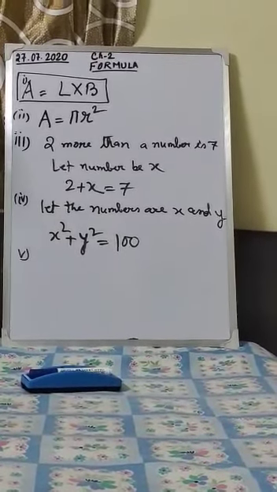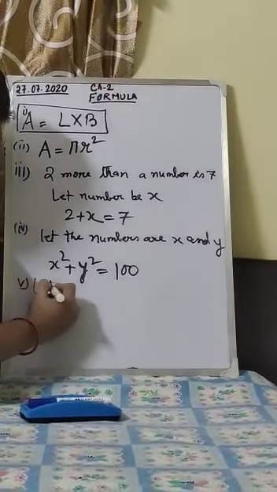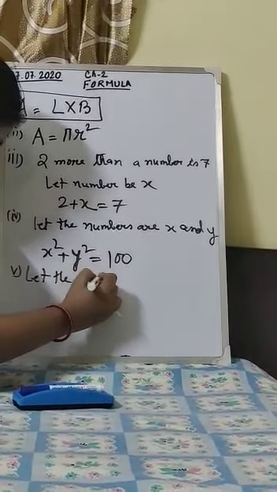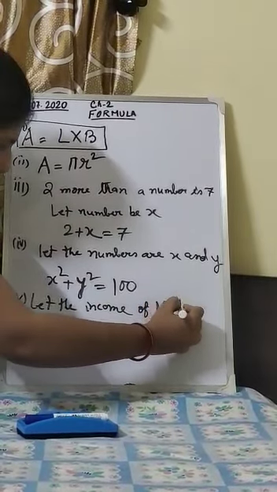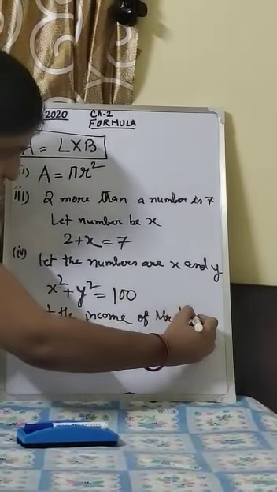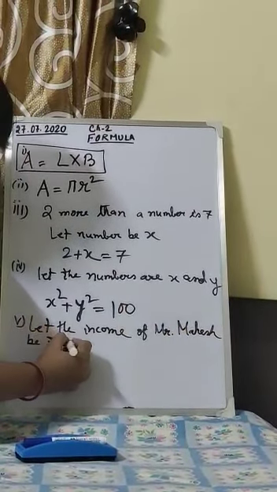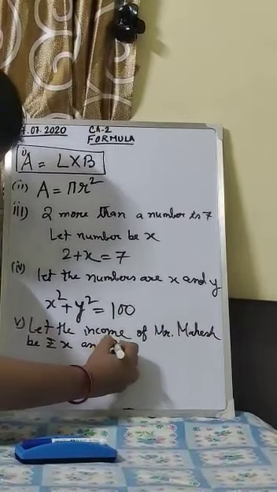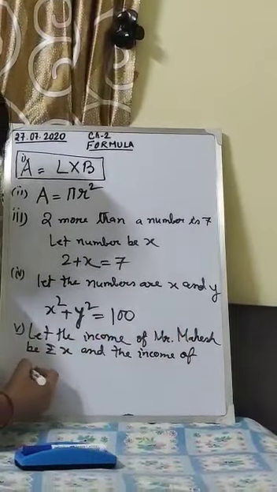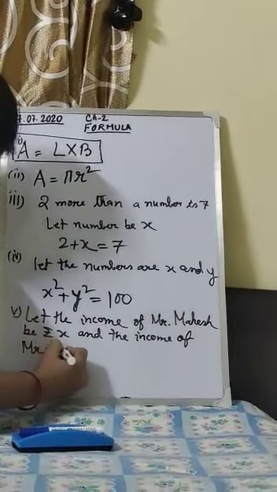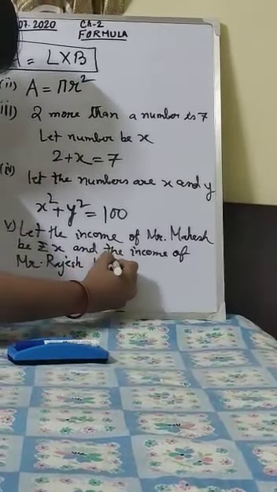So, first we have to take, let the income of Mr. Mahesh be rupees x and the income of Mr. Rajesh be rupees y.